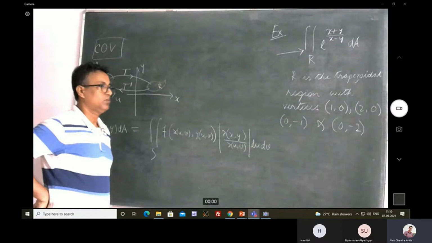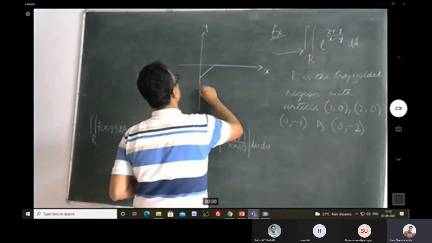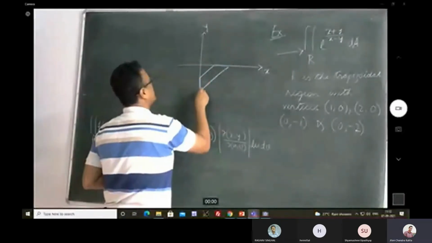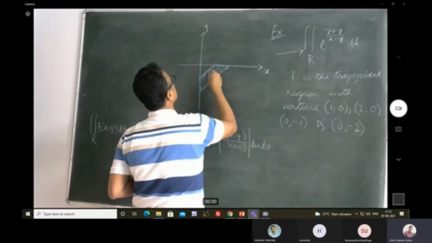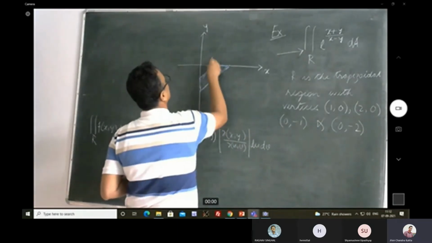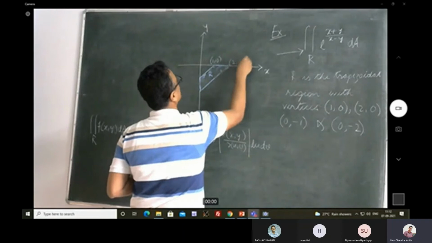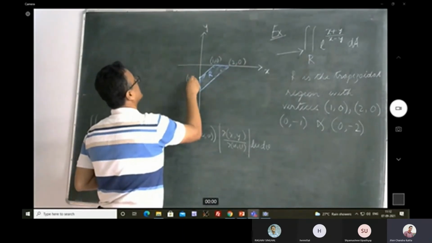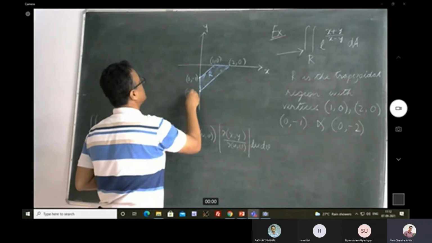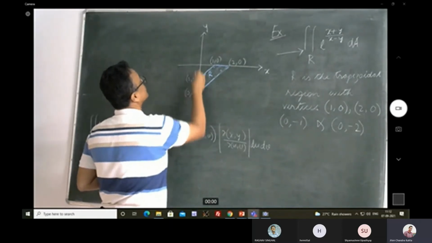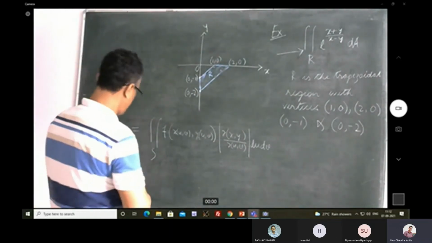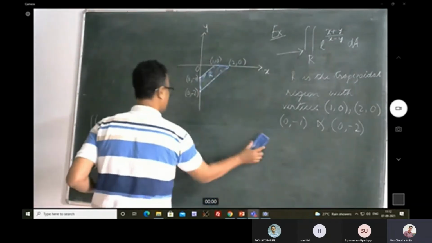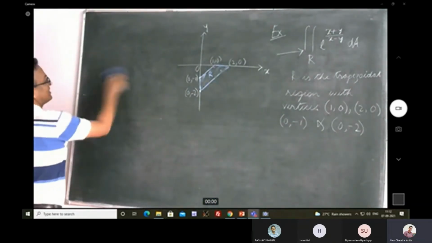So basically I have something like this. This is my region R. So this is a trapezoidal region, and now what I am seeking is its pre-image in the UV plane.